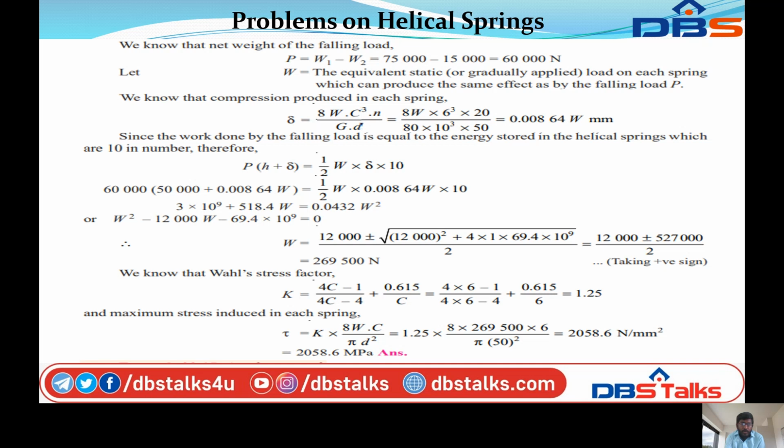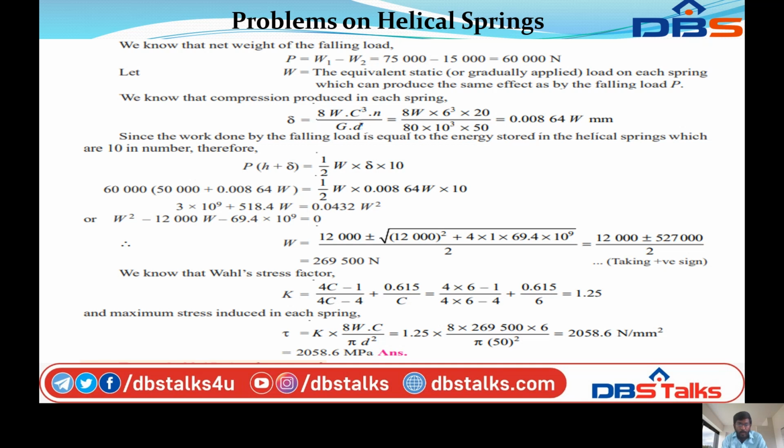We know that the Wahl stress factor K is equal to 4C minus 1 by 4C minus 4 plus 0.615 by C, that is equal to 4 into 6 minus 1 by 4 into 6 minus 4, plus 0.615 by 6. Finally we calculate K is equal to 1.25. The maximum stress induced in each spring, tau, is equal to K into 8 into W into C by pi into d square.